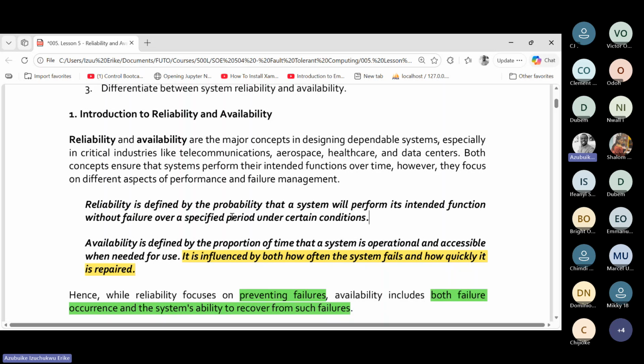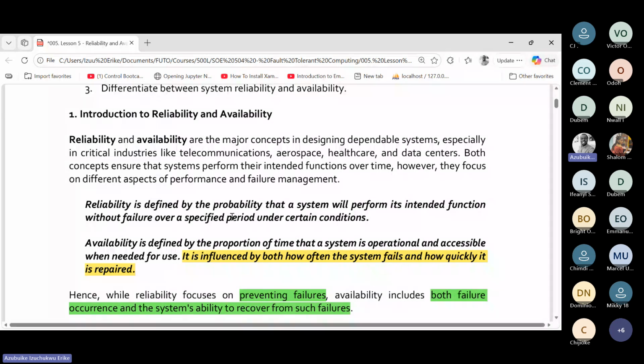And another thing is, if the system fails, how quickly does it recover? So we say that while reliability focuses on preventing failures, availability focuses on both failure occurrence and the system's ability to recover from such failure. So that's what availability is all about.